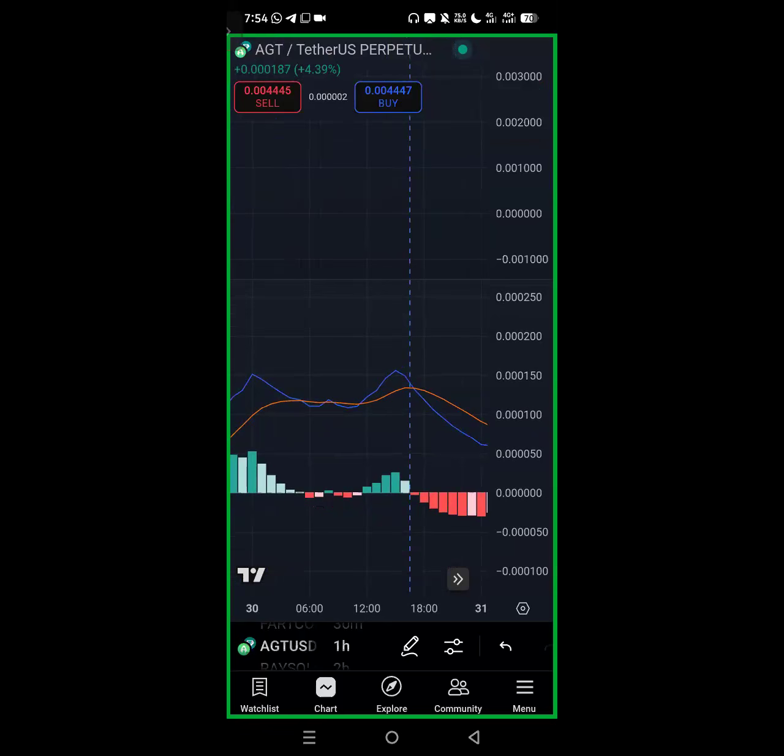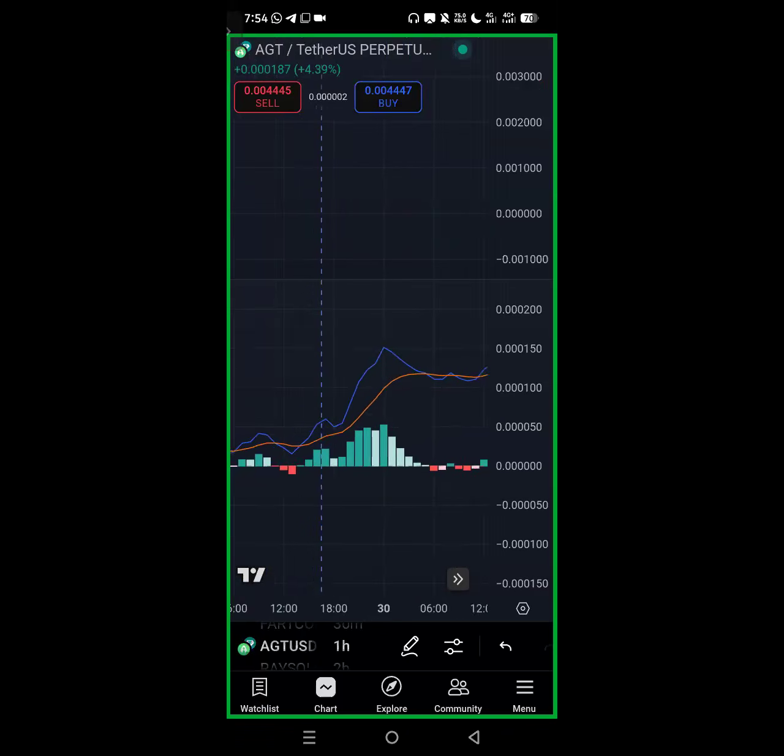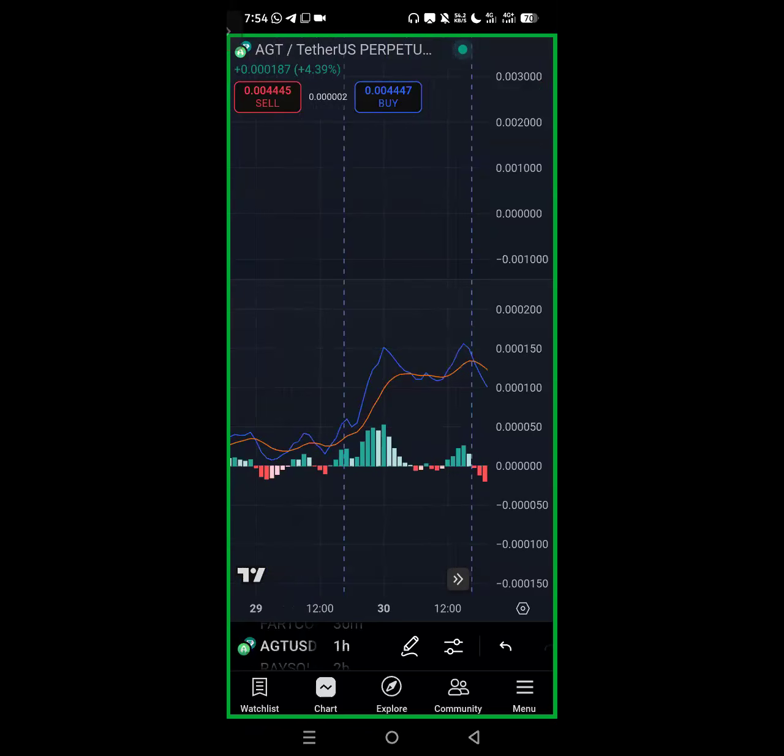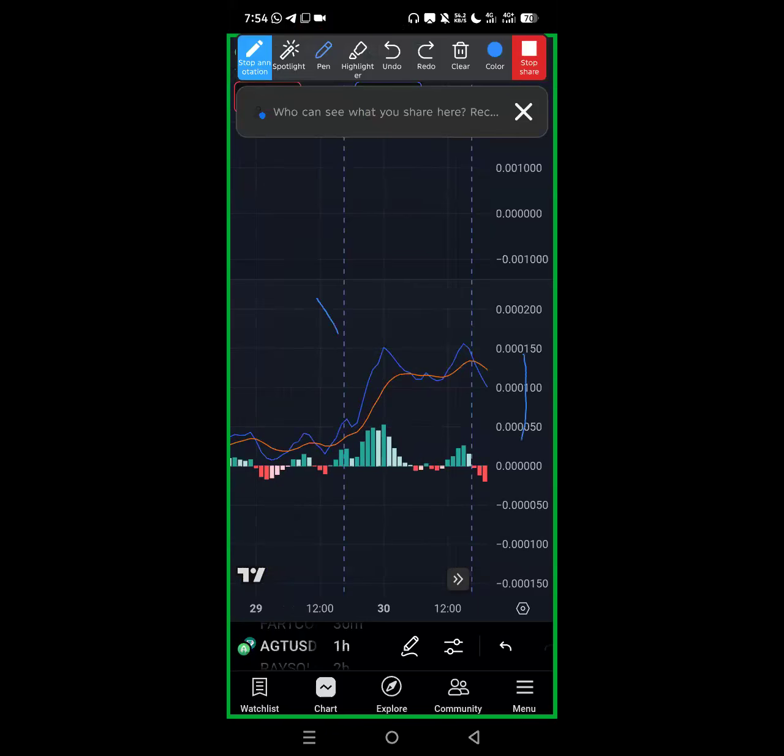Now, this line here, let me pick my annotation. This line, which is blue in color, is what we call the MACD line.